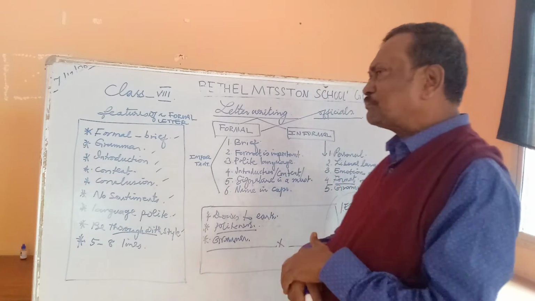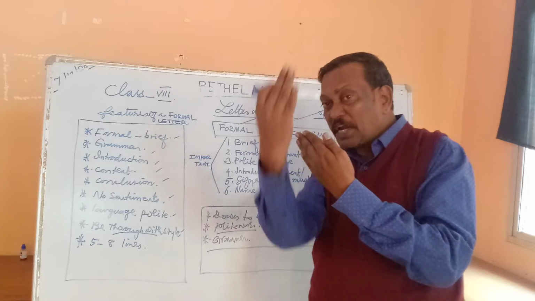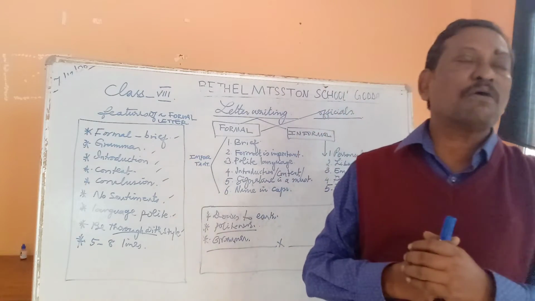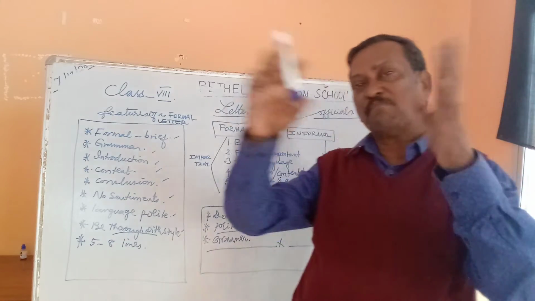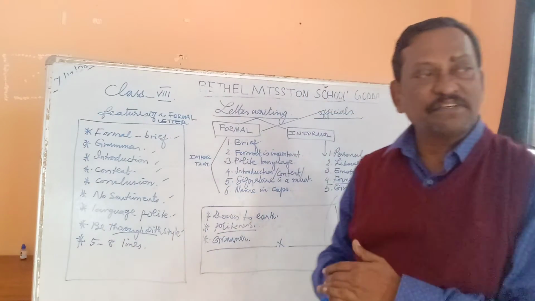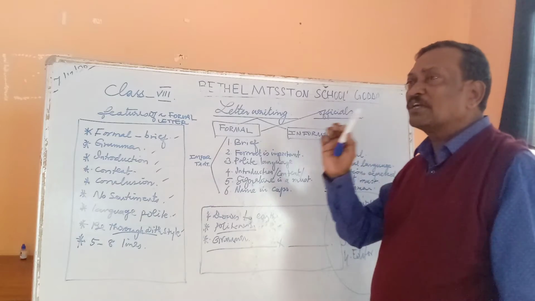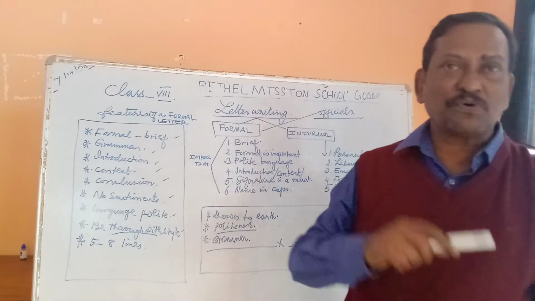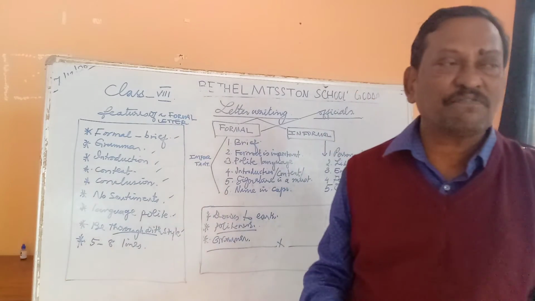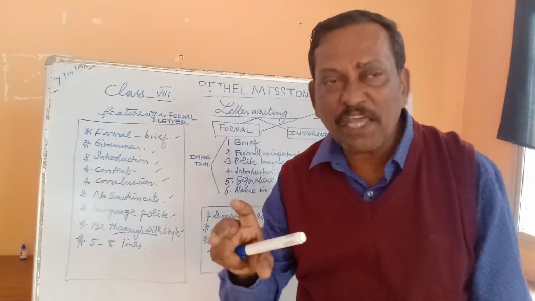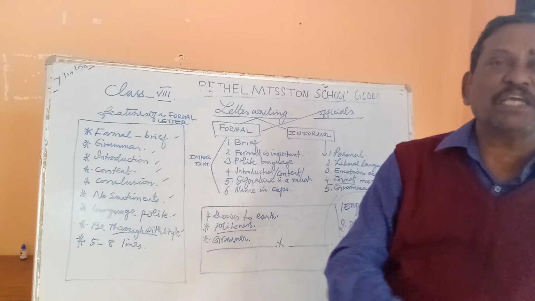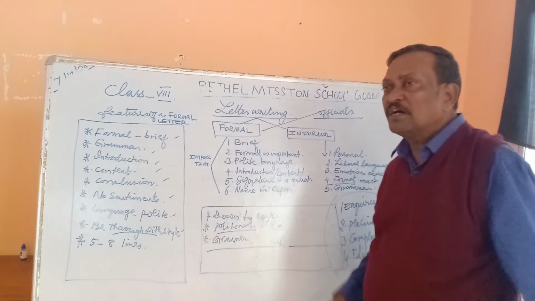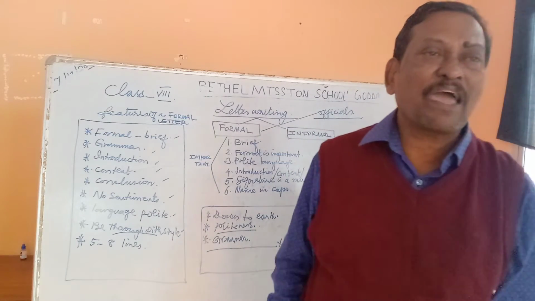Number 4, you have to organize your letter. How do you organize your letter? You have an introduction to the letter, then the body of the letter, the content of the letter, and then finally the conclusion of the letter. So in the beginning you introduce yourself, and in the body you mention the problem, your requirement, and then finally you close the letter with a note of thanks.